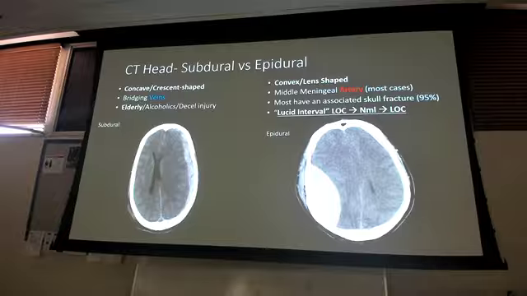One is concave, one is convex. Elderly, alcoholics, deceleration injury like a car accident, but really any kind of head trauma can cause these. Lucid interval, loss of consciousness, normal, loss of consciousness. Perfect slide for you guys to kind of study that and associate between the two.